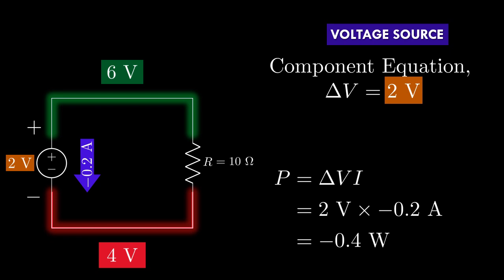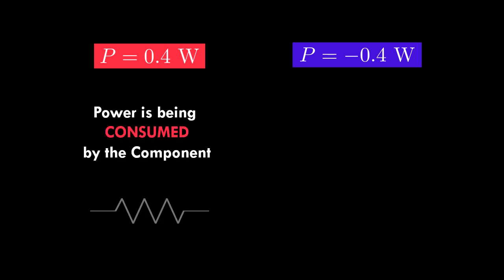And as you can see, we get a negative power. This negative sign also tells us something important. So in the case of resistor, we got 0.4 watts. And in the case of voltage source, we have negative 0.4 watts. So positive power actually means it will consume the power and do something else with it. For example, light bulbs and irons are resistors and they consume electric power and turn it into light and heat energy.